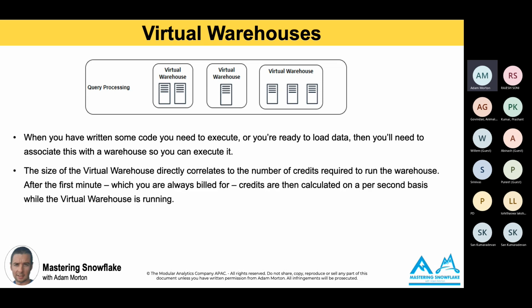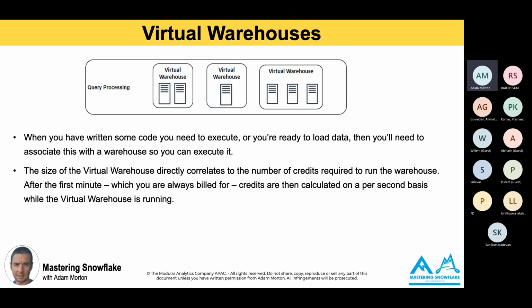Now, as I mentioned earlier, the virtual warehouses come in different sizes, small, medium, large, etc. And this directly correlates to the number of credits required to run the virtual warehouse. Credits are attached to a dollar amount effectively, so the more credits you use, the more money you're spending.